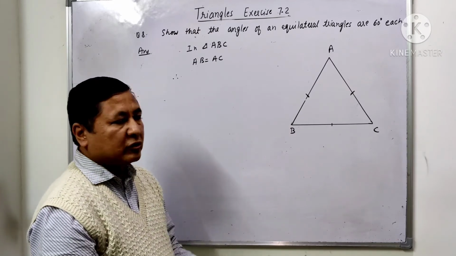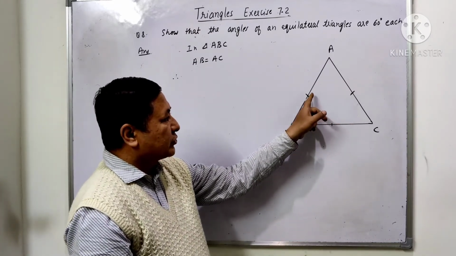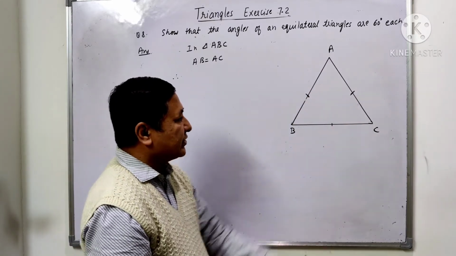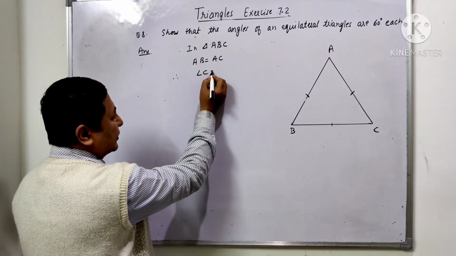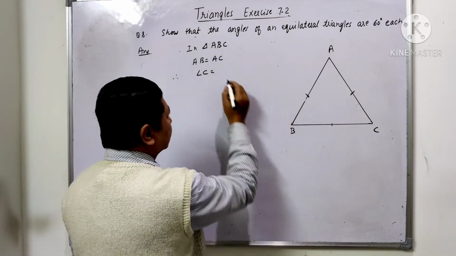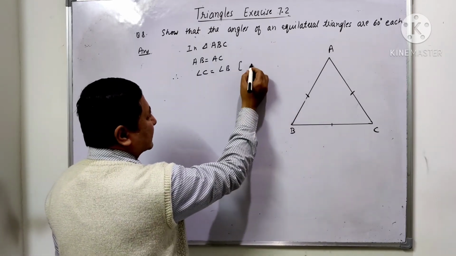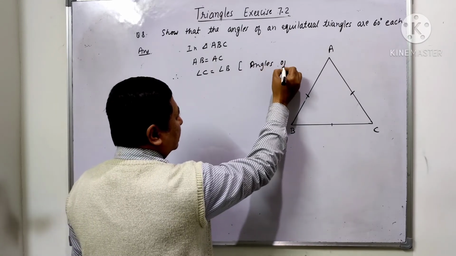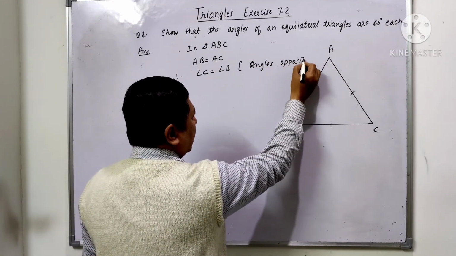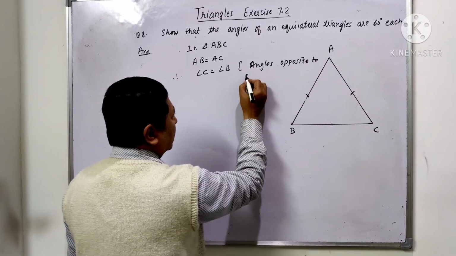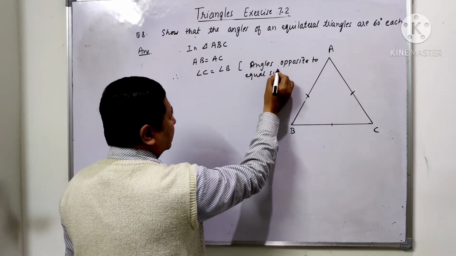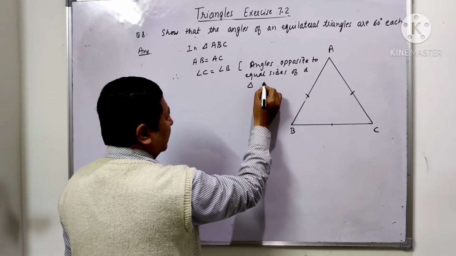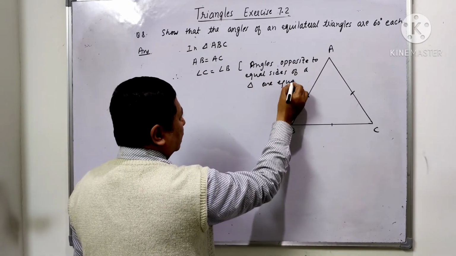The angle opposite to AB is angle C, and the angle opposite to AC is angle B. So angle C will be equal to angle B, and the reason is angles opposite to equal sides of a triangle are equal.